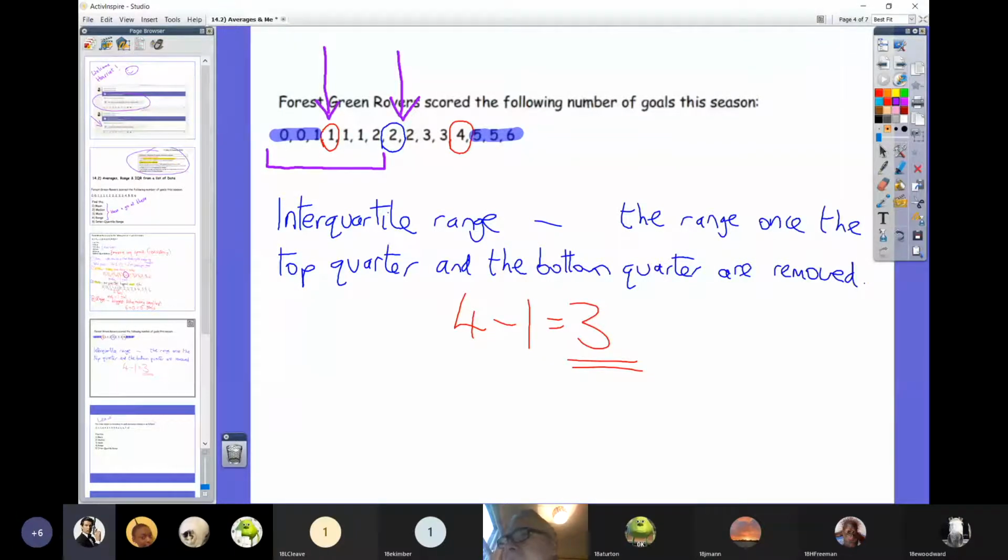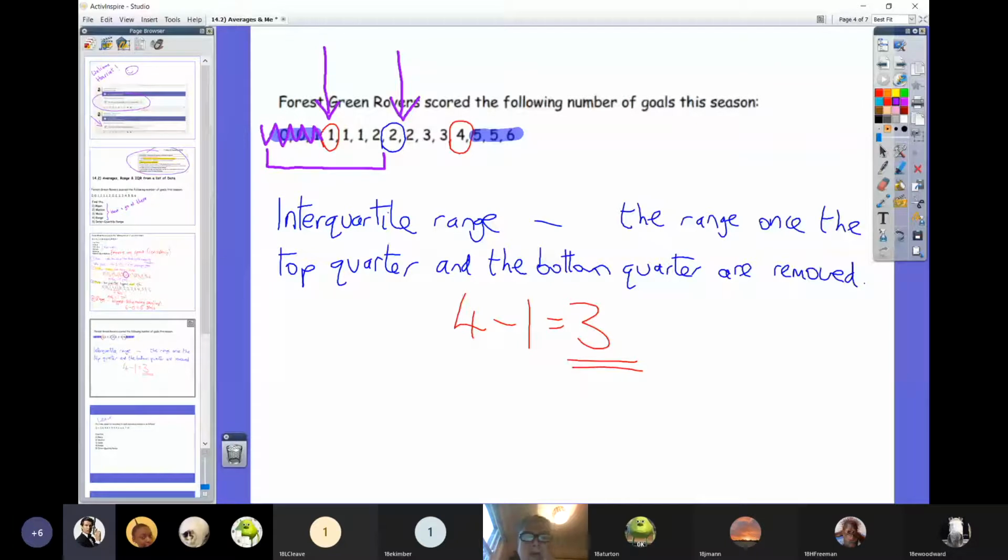So what I then do is discard all the numbers that are less than that. It's like your worst results. So we get rid of the numbers to the left of that 1 that I'm about to cross out. There's a bit of a lag, so I'm just waiting for them to cross out. Okay, they've crossed out now.